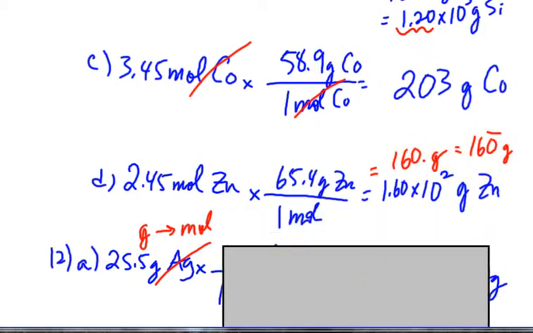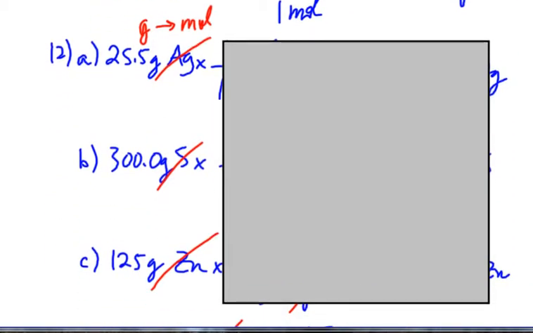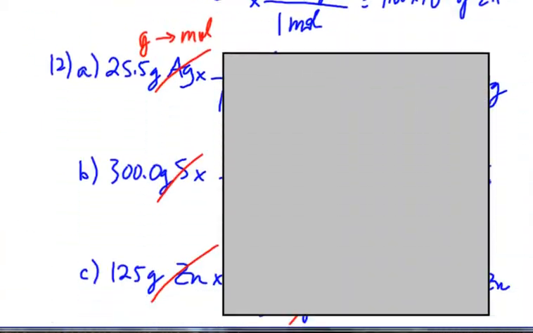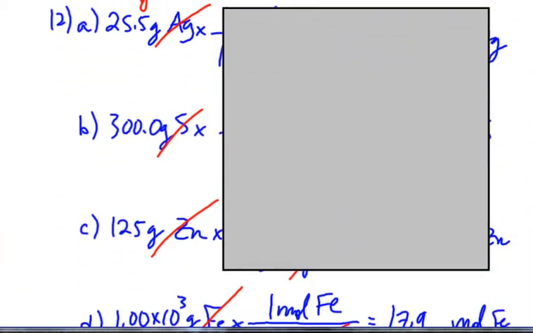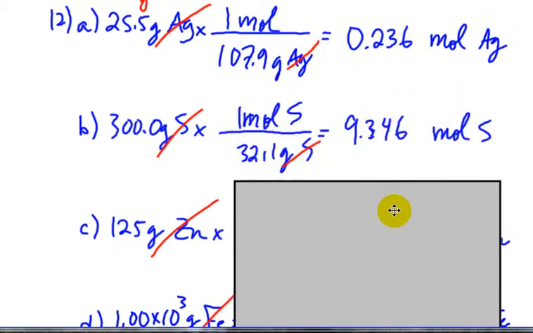Okay? Now vice versa, going from grams to moles, I'm going to divide by the mass in grams. So looking up all those masses, silver 107.9, so you multiply by 1 mole over 107.9 grams, grams cancel, and I'm left with moles, 0.236.